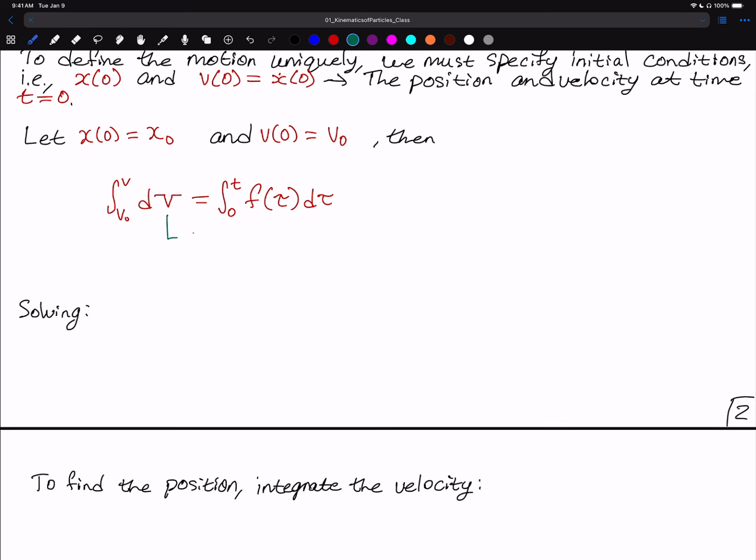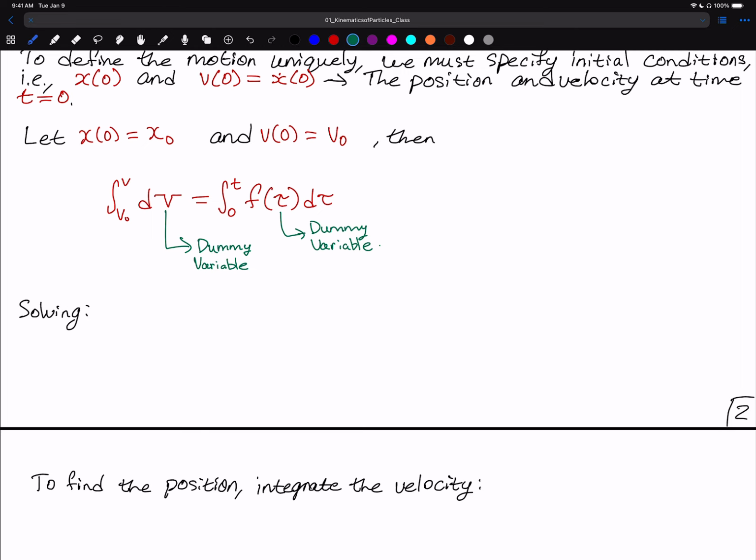Again, the special v that I drew here is a dummy variable, as is this tau. We'll write out what a dummy variable is, just to be careful.